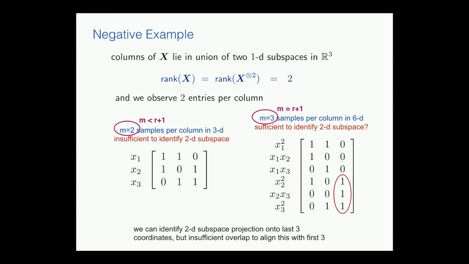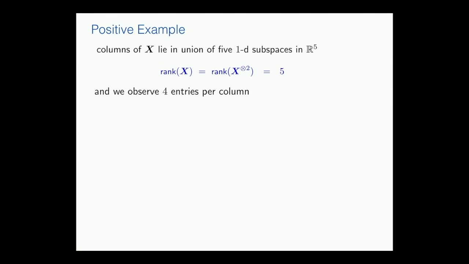But there's not enough overlap with those and the rest of the coordinates in order to link up these subspaces and uniquely determine the rank 2 subspace, even in the quadratic representation. So even though we seemingly are getting a little bit more in terms of measurements per column, it's still not enough to actually nail down what that subspace is.